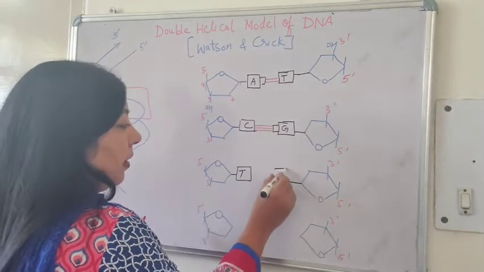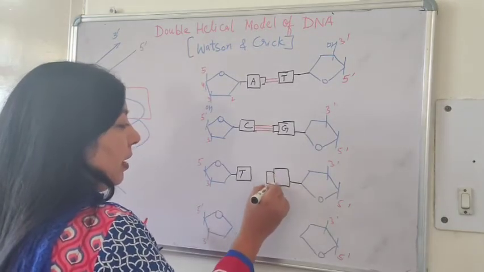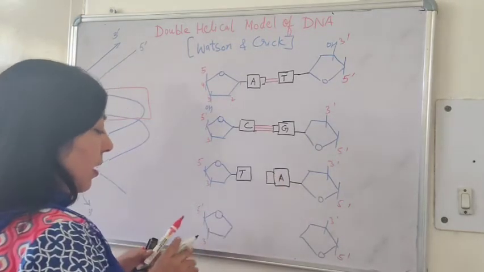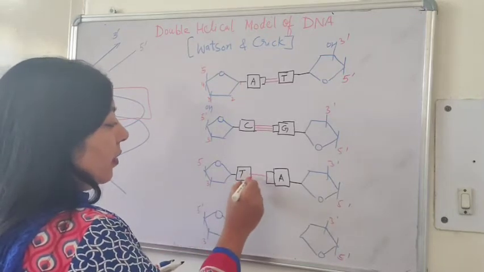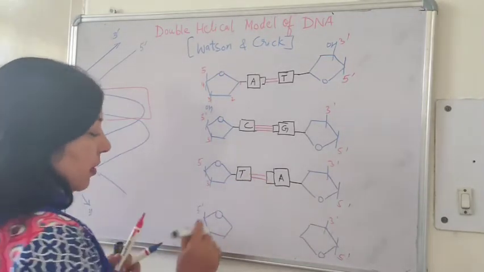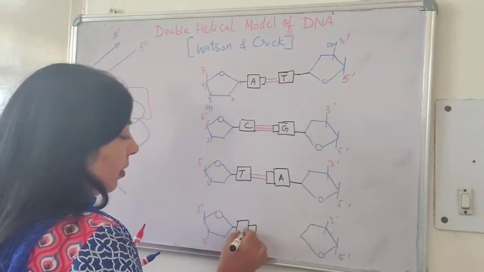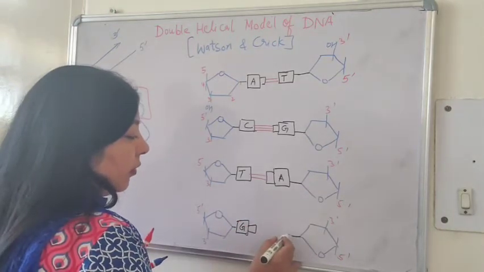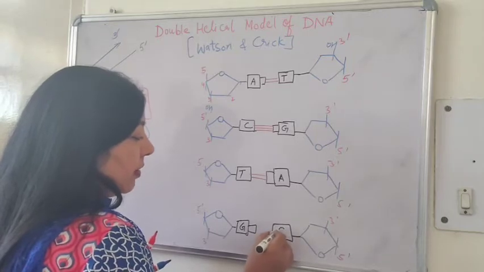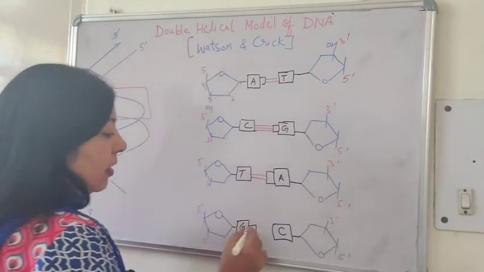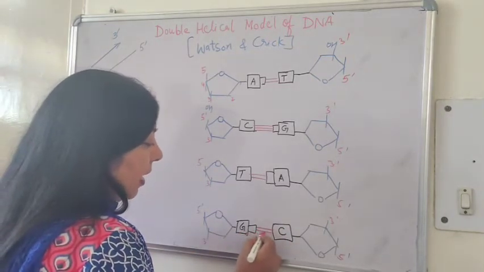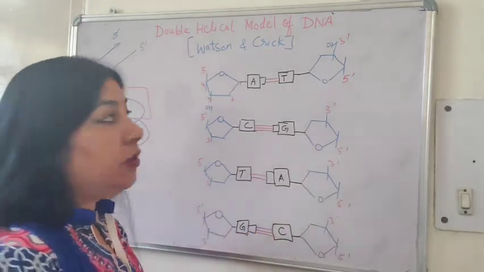What will be here? It will be adenine, and they will be held together by two hydrogen bonds. Suppose here it is guanine. The nitrogen base attached here will be cytosine, and they will be held together by three hydrogen bonds.